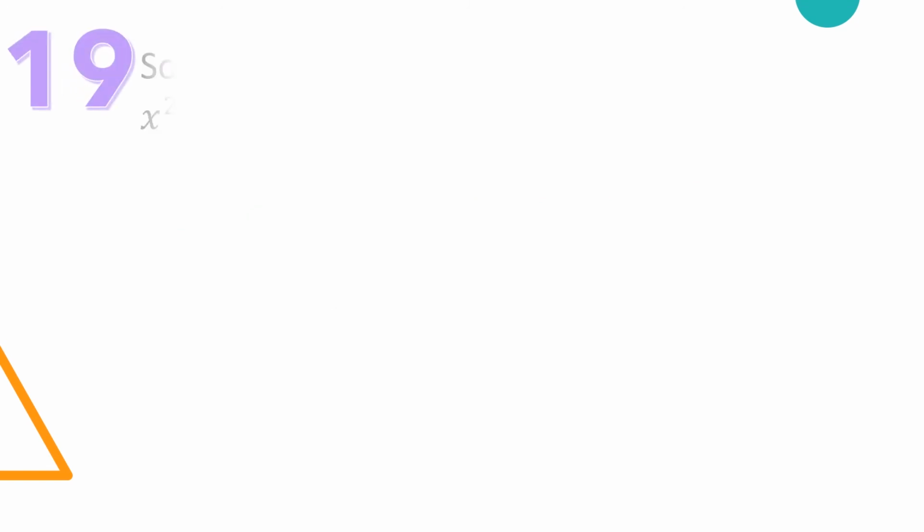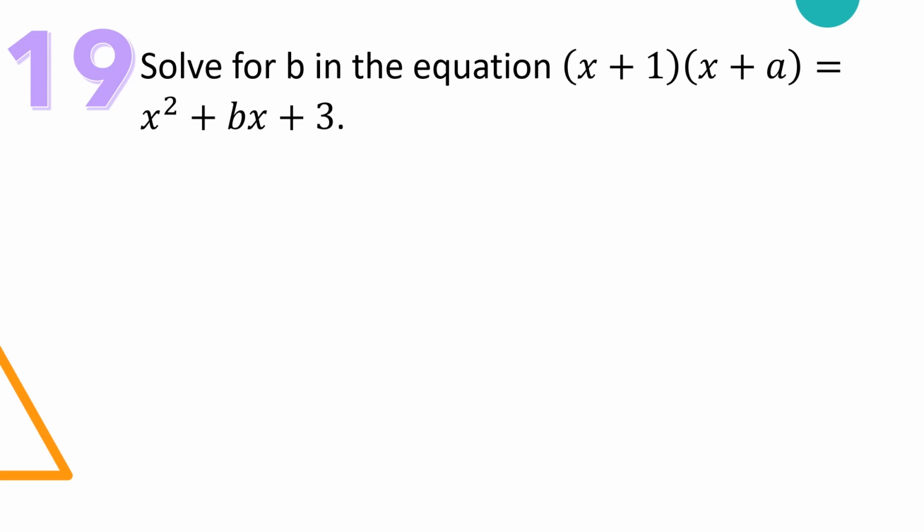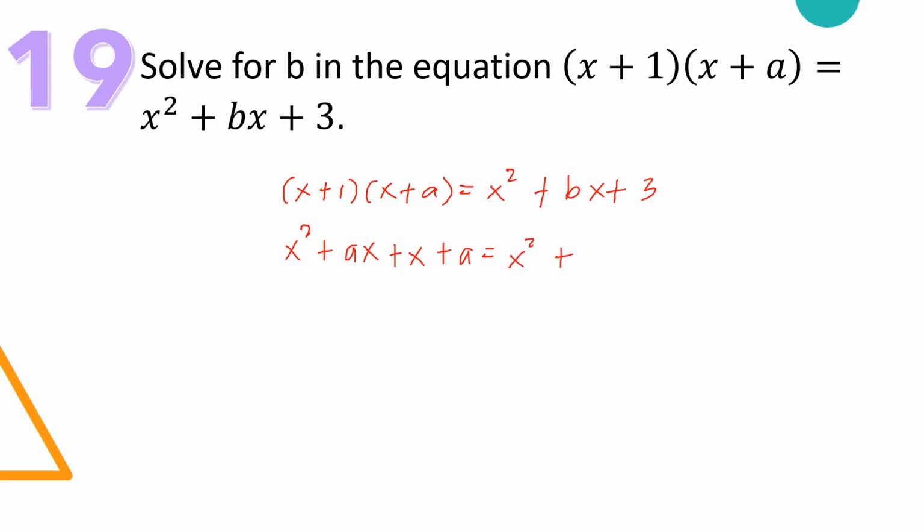Number 19. Solve for b in the equation x plus 1 times x plus a equals x squared plus bx plus 3. Multiplying the binomials in the left-hand side of the equation, x plus 1 times x plus a, we have x squared plus ax plus x plus a, that is x squared plus bx plus 3.